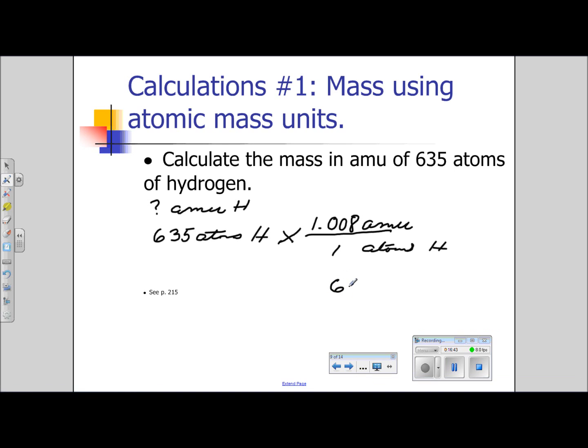The answer is 640 AMUs, because atoms of hydrogen have canceled out. We box in our answer, and that is our answer for this problem. The mass in AMUs of 635 atoms of hydrogen is 640 AMUs.